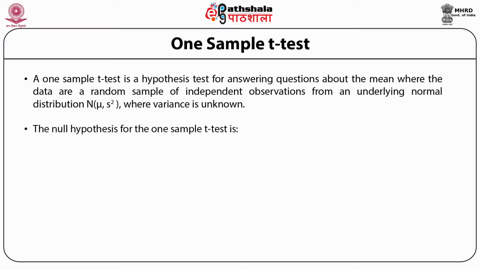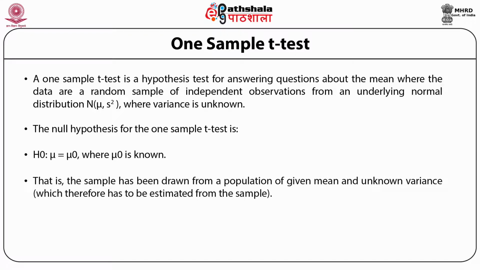The null hypothesis of a one sample t-test is mu equal to mu 0. That is, the sample has been drawn from a population of a given mean and unknown variance, which therefore has to be estimated from the sample.